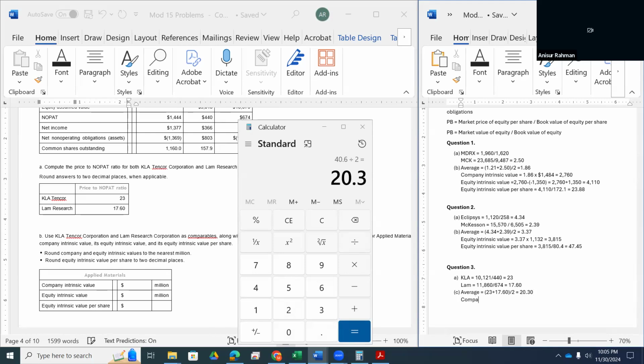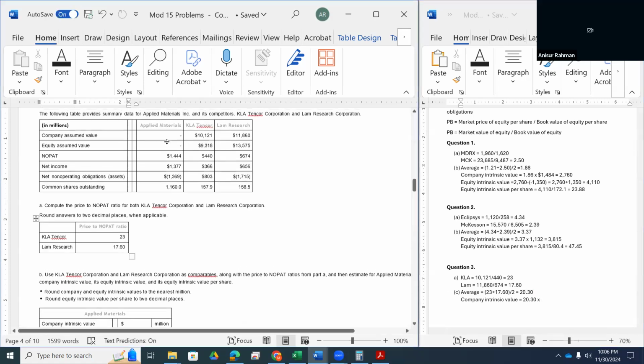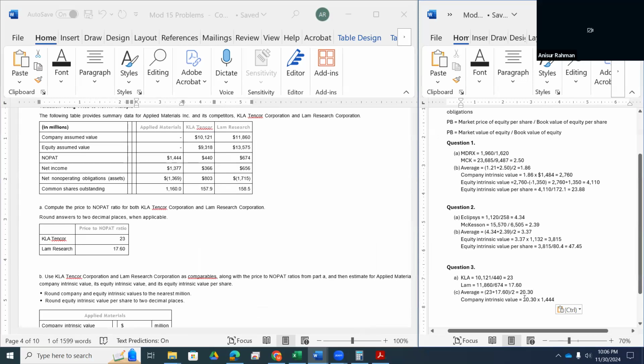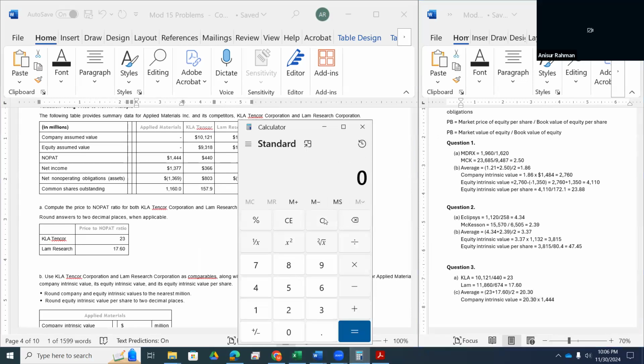Now for company intrinsic value, it will be our average ratio multiplied by our NOPAT for our company. And for the nearest million, 29,313.